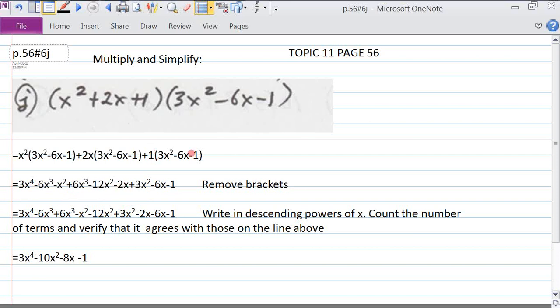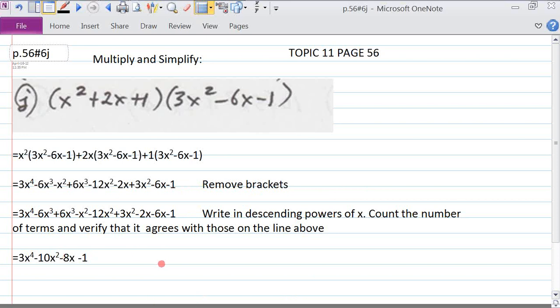Now we're going to multiply 1 times each of the terms here using the distributive rule. 1 times 3x squared gives us plus 3x squared, plus 1 times minus 6x gives us minus 6x, and plus 1 times minus 1 gives us minus 1. So we've removed the brackets using the distributive rule.